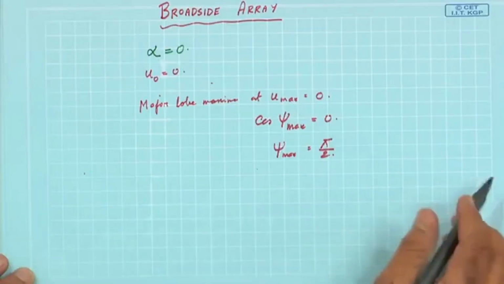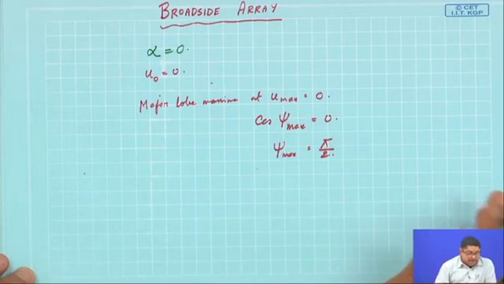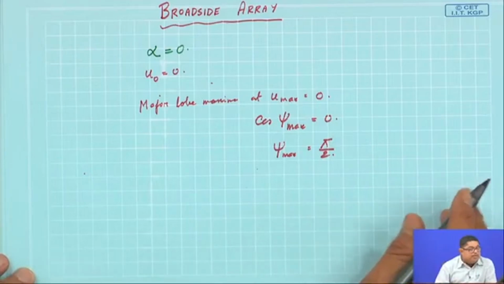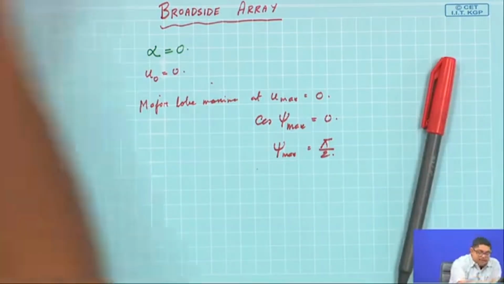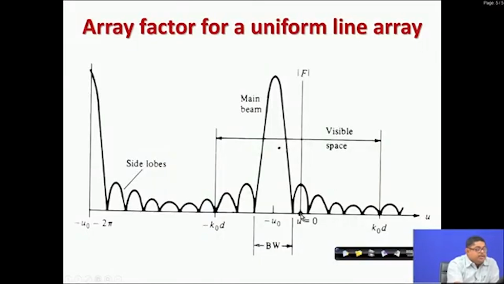Now, grating lobes are plus minus 2 pi away from the main lobe at u is equal to 0. So, you see that if the main lobe comes here, I have a k naught d here, and a minus k naught d here. So, even if the grating lobe starts appearing here, there is no problem.